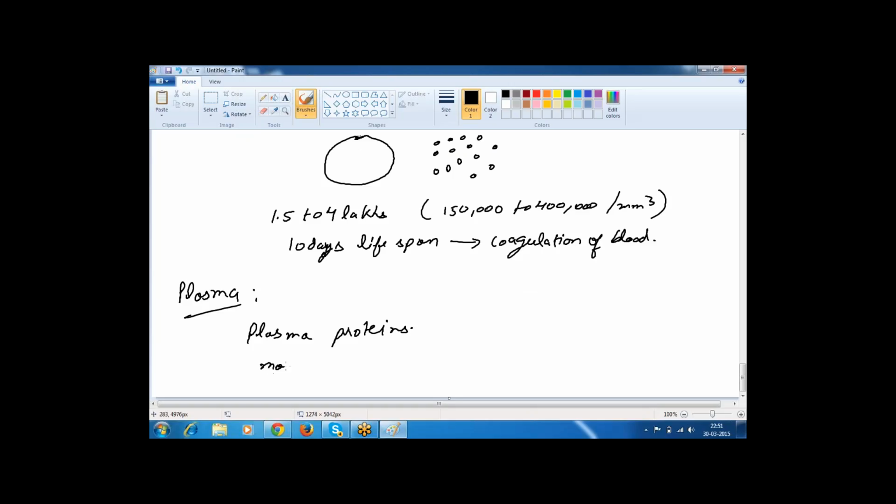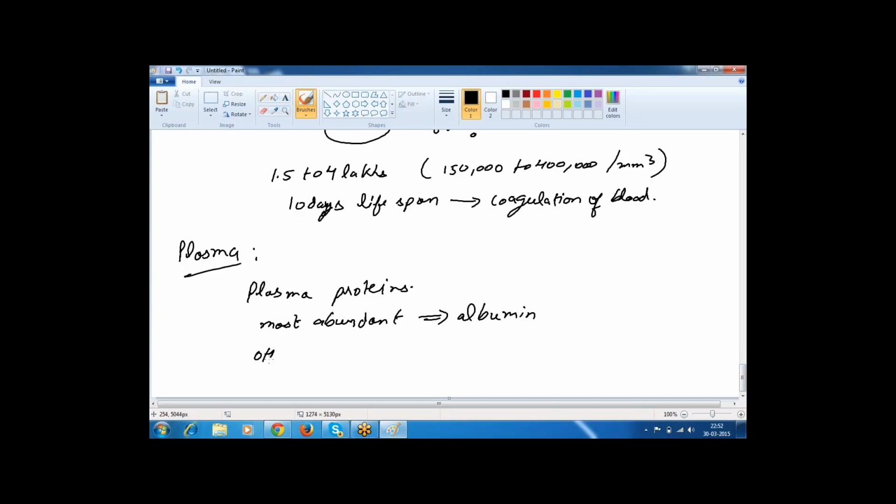Most abundant is albumin. Other plasma proteins are globulin, immunoglobulins, etc. For example, even fibrinogen, that is involved in clotting process, that we'll study in physiology part.